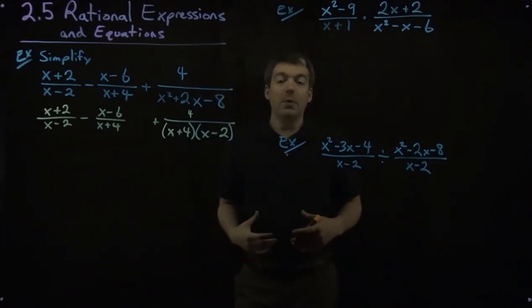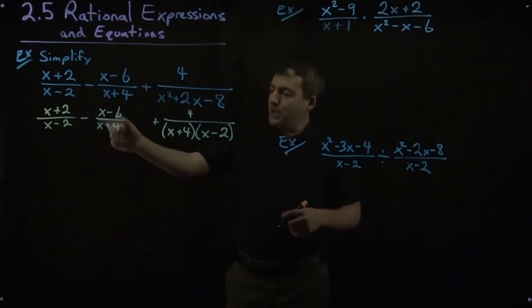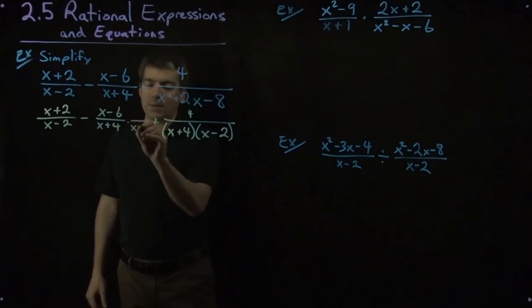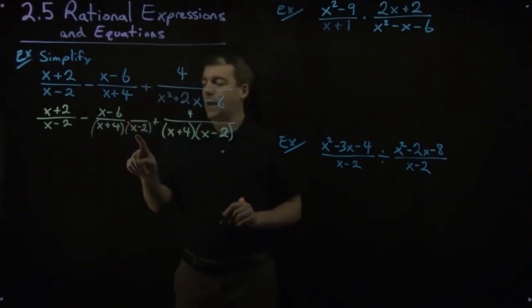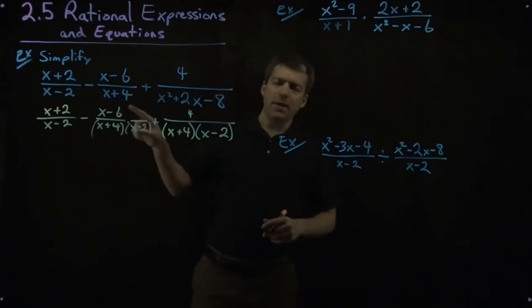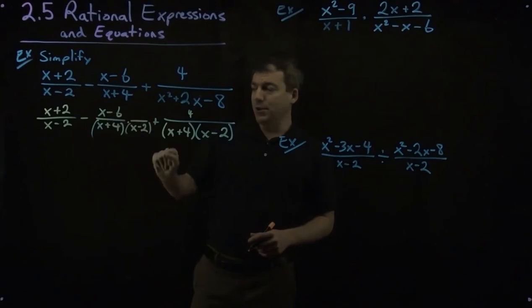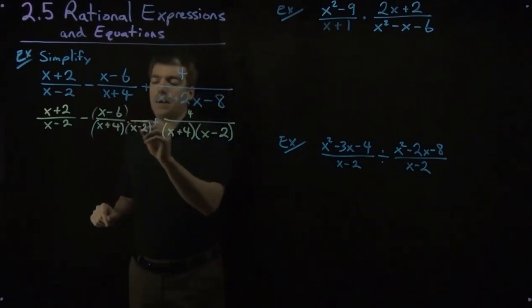And we do that by multiplying by 1. To get an x minus 2 in the denominator, we'll have to multiply by x minus 2. I'm going to put those in parentheses. But we cannot just multiply the denominator by something. That would change this expression. We also need to multiply the numerator by that as well.